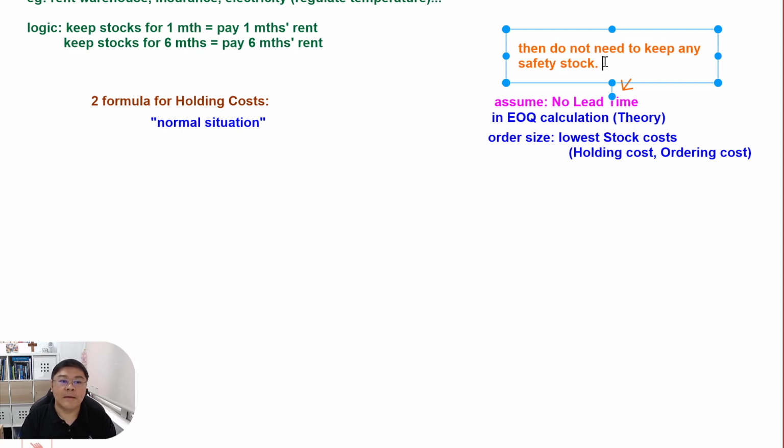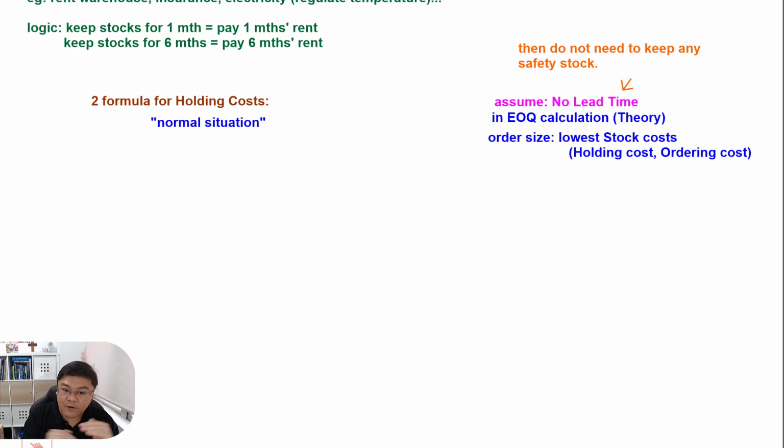Now, again, when we learn stock control measures, what is the logic of keeping safety stock? The reason why we keep safety stocks is because we know that when you order something, the goods will take time to arrive. And that's the reason why we will not order something when the quantity is completely zero.